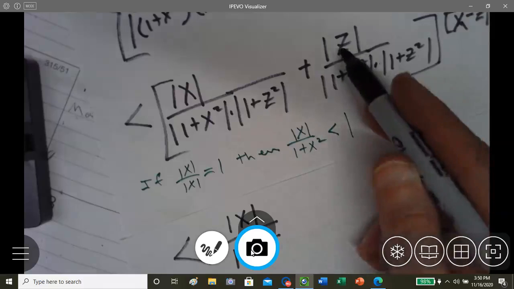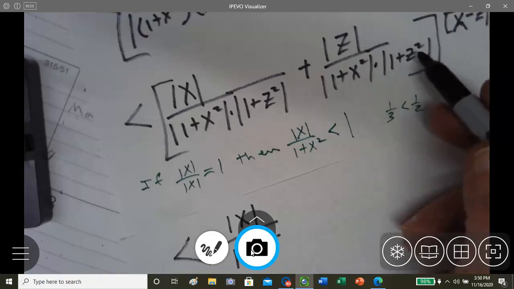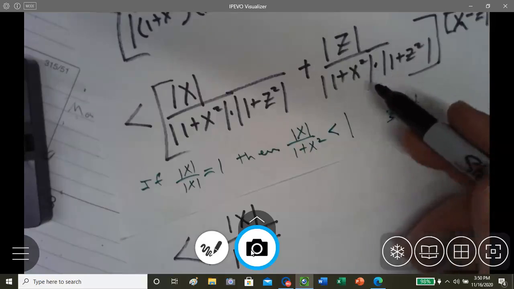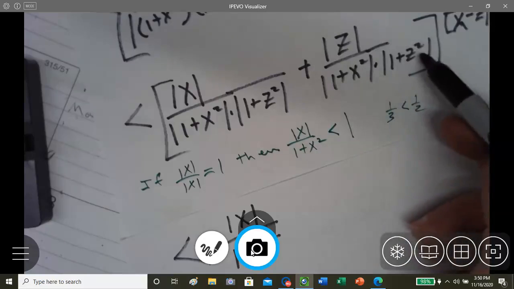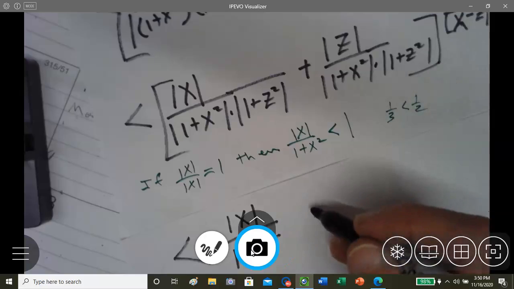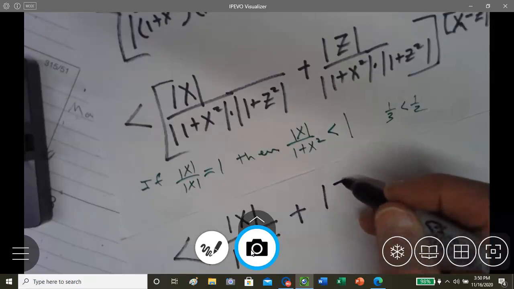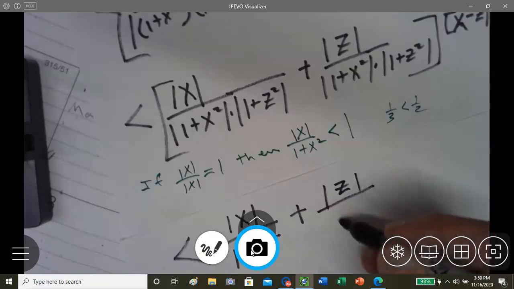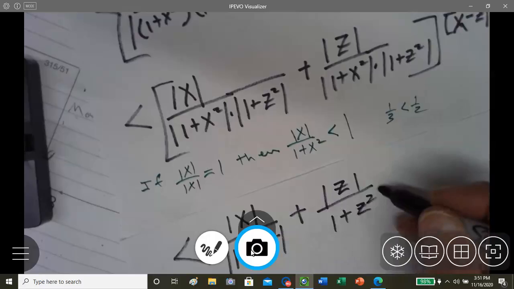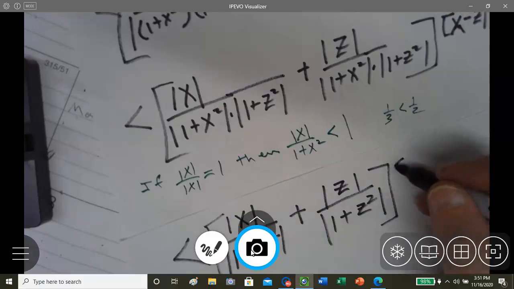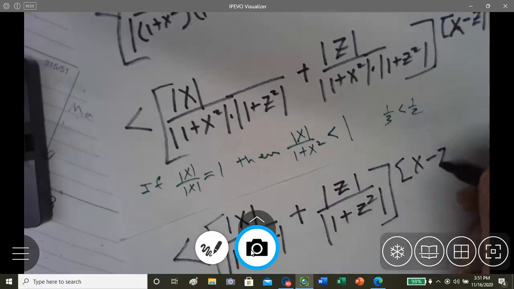And we can say the same thing for the z's. Z over z is going to be larger than z over 1 plus z squared. So this will be plus the absolute value of z over 1 plus z squared, and all of that is multiplied times x minus z.